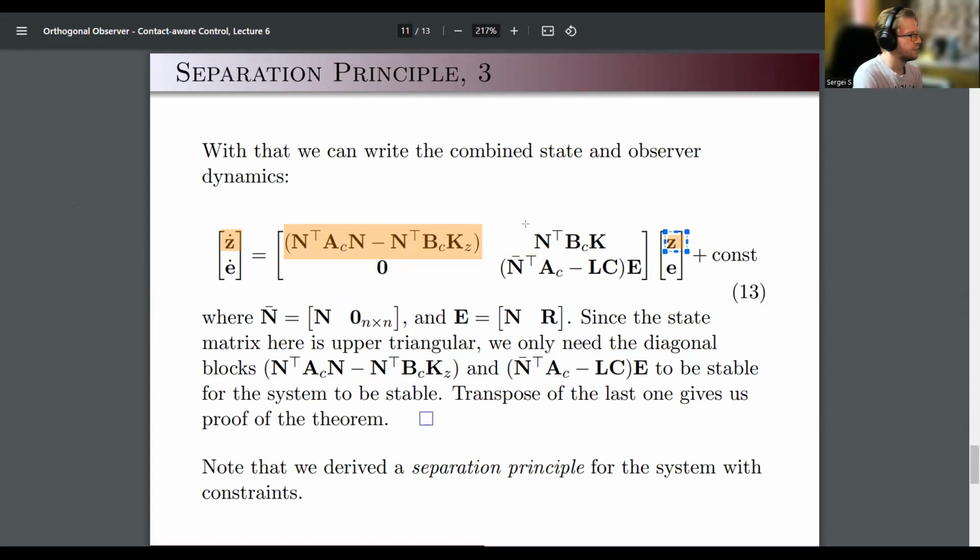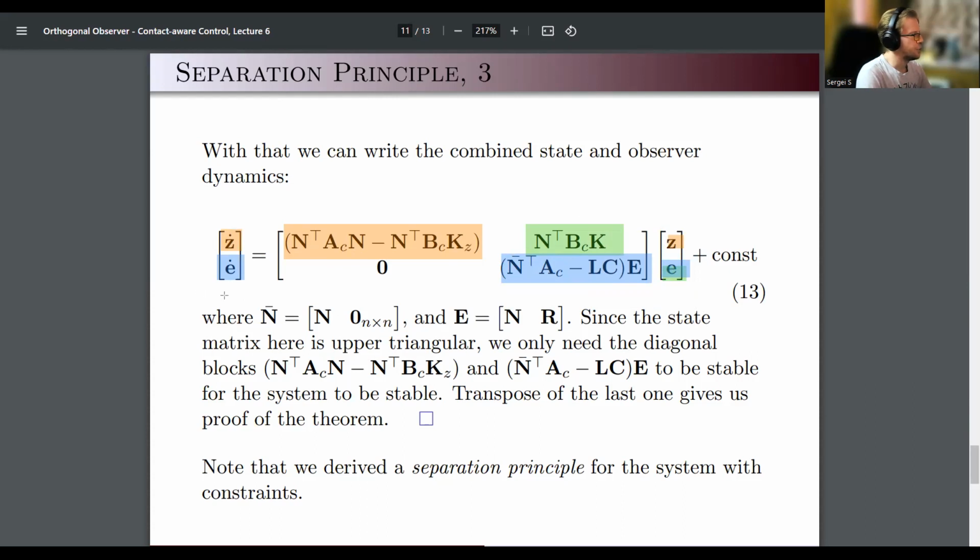Here we have the components of the state dynamics which depend on the estimation error. We saw it on the previous slide. And here separately, we have the estimation error dynamics, which depends only on itself. Good. So that is what we have.